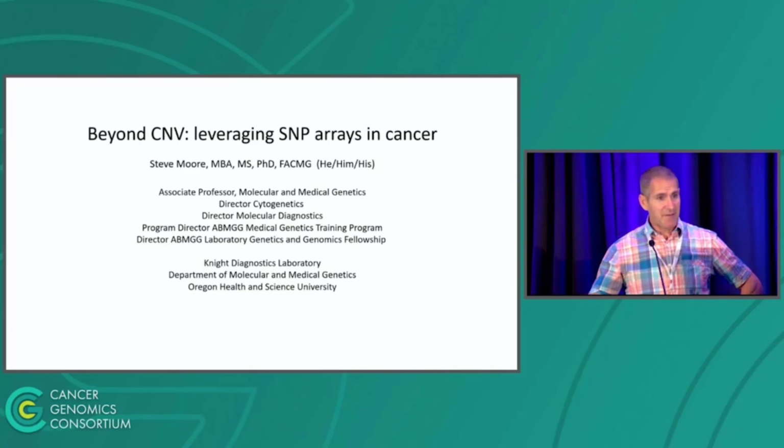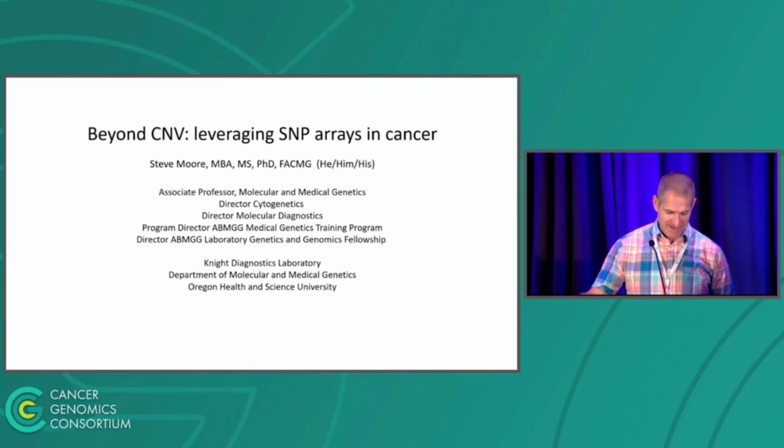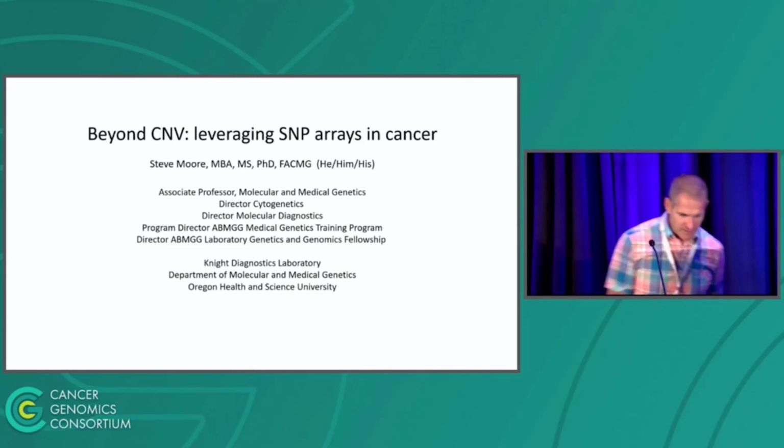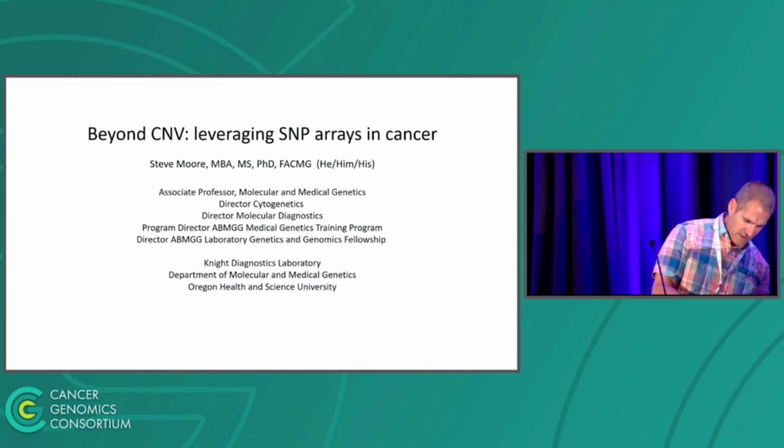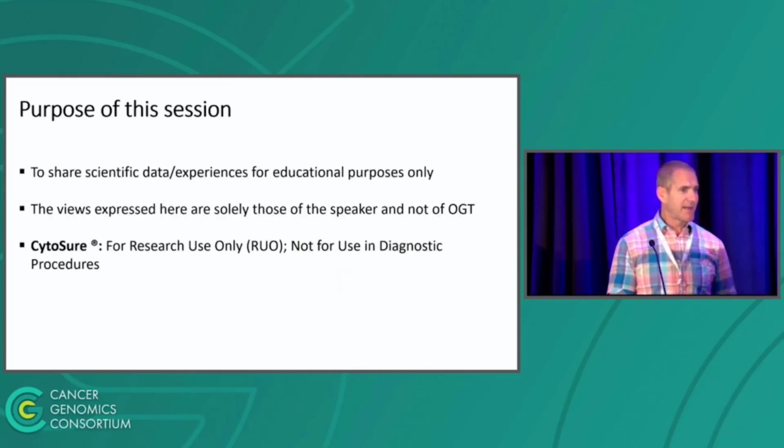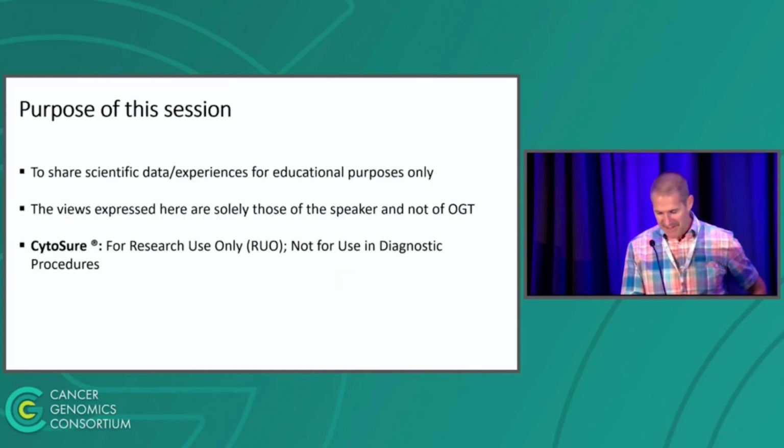So what I'm going to talk about today is how to get more from the data that you're already getting. The other thing I'd like to touch on, and hope you have in the back of your mind, is that not everyone can do NGS. Not every lab is prepared to do NGS, and not every lab is prepared to do optical genome mapping right now.